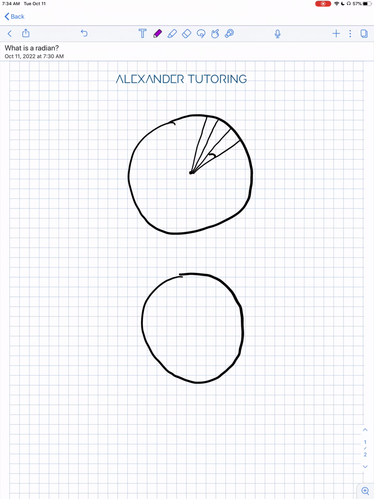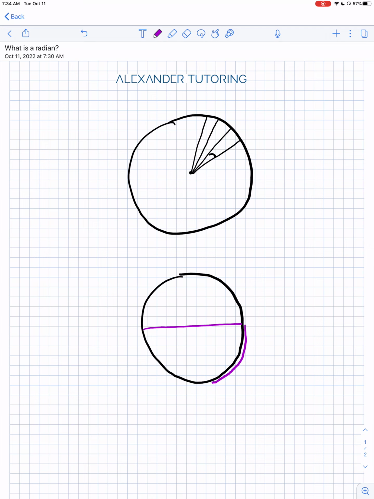Let me remind you what pi is, because a lot of people don't know what that is. Everyone knows it's 3.14, but 3.14 what? Well, if you take the diameter of a circle, imagine cutting a string to the length of that diameter, and then taking that string and laying it around the outside of the circle.